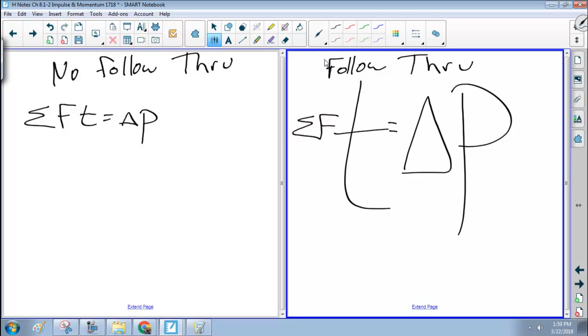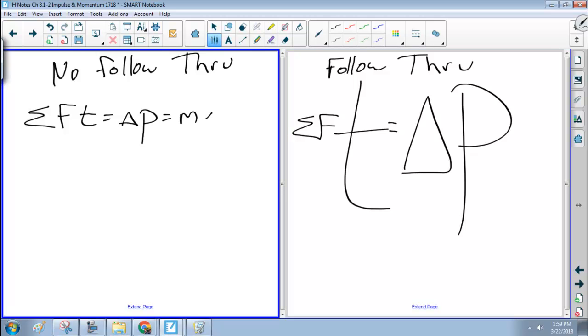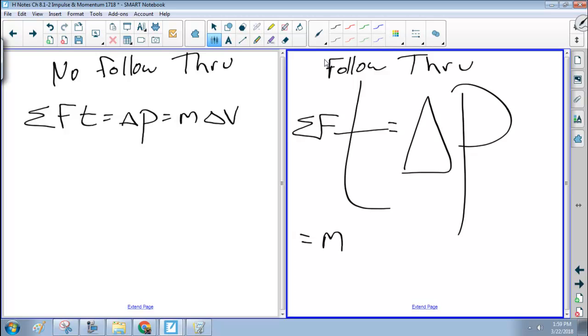There's two equations for impulse: force times time and mass times change in velocity. That's the effect, right? So the result of this change in momentum is that my mass undergoes a change in velocity, right? Whereas over here, I've got the same mass undergoing a larger change in velocity, right?